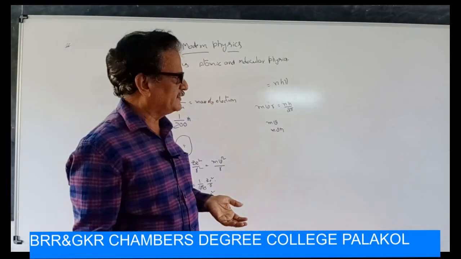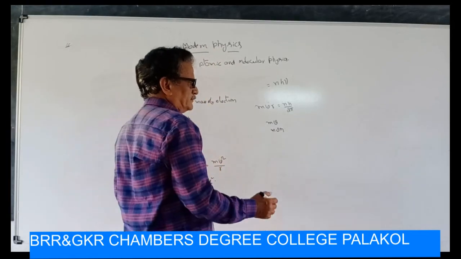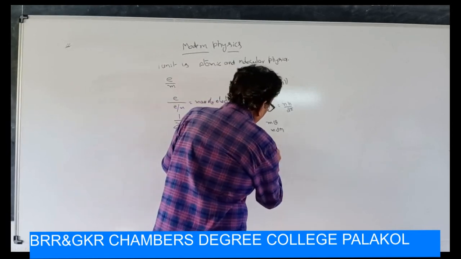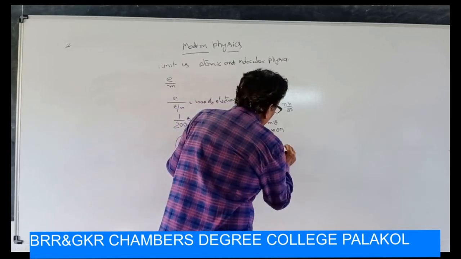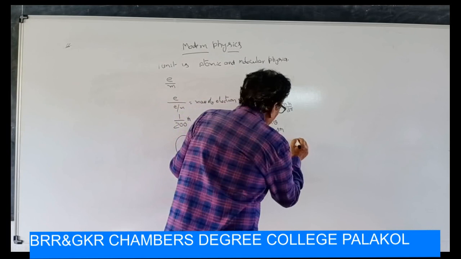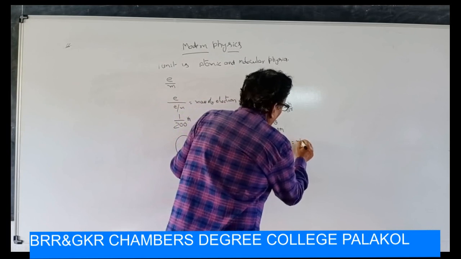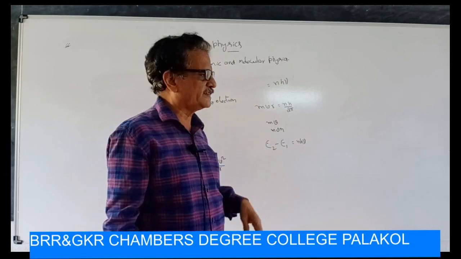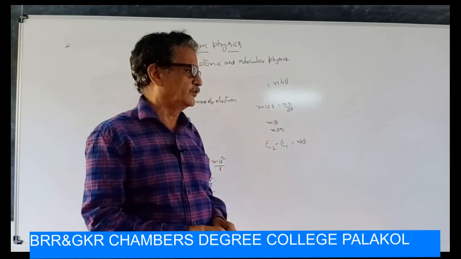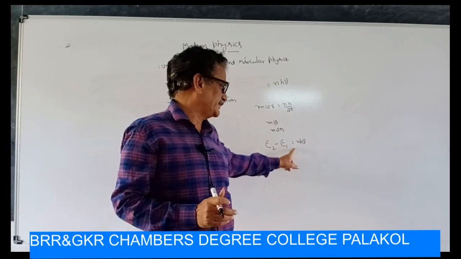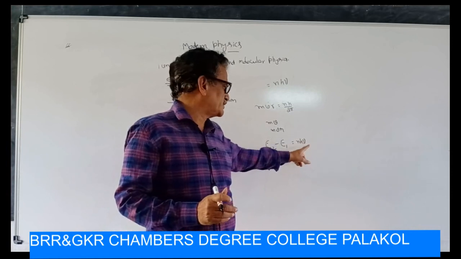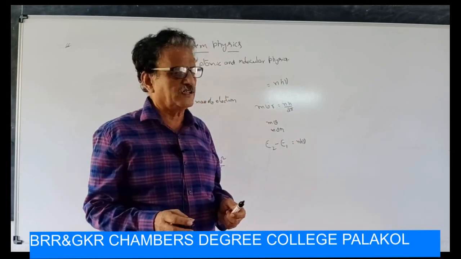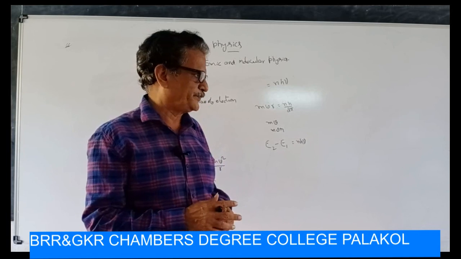And the third one is, whenever the electron jumps from a higher energy level to a lower energy level, only then it radiates some energy, which is given by the equation E2 minus E1 is equal to nh nu. Here n is an integer, h is the Planck's constant and nu is the frequency of the spectral line.